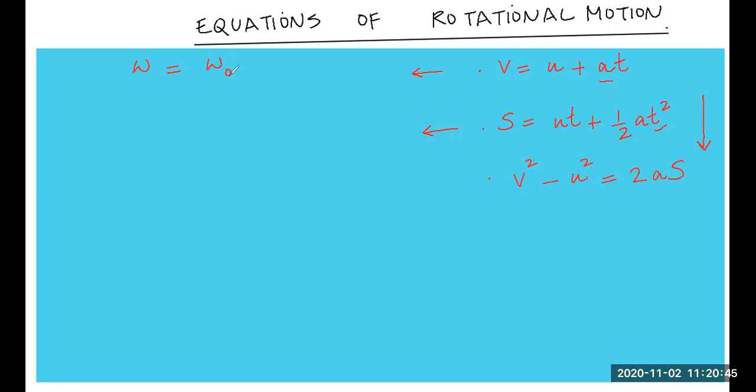Omega naught is initial angular velocity, plus acceleration a, which is represented by angular acceleration alpha t. This is my first equation of rotational motion.